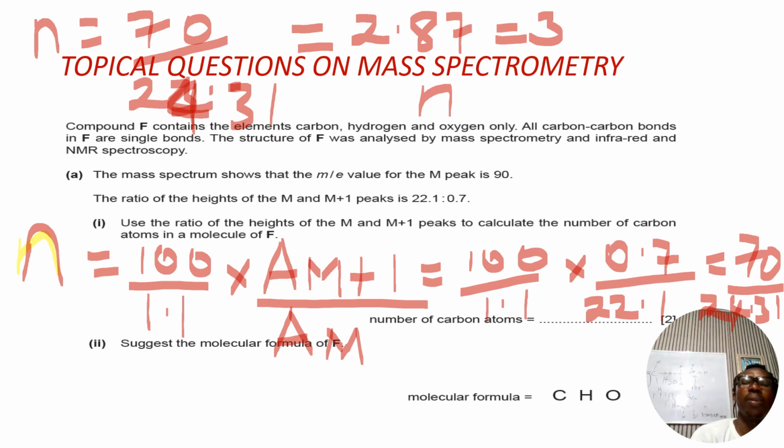So N, the number of carbon atoms, is equal to 3.